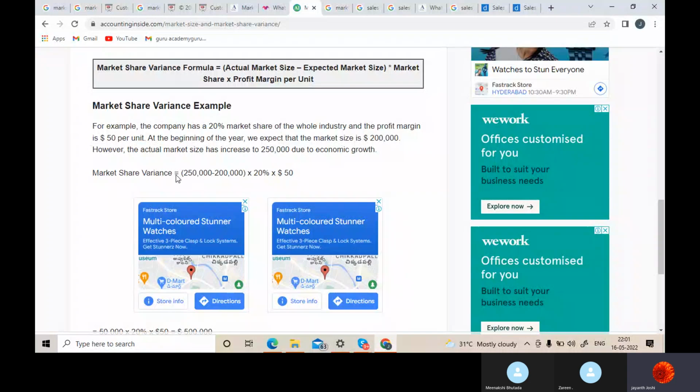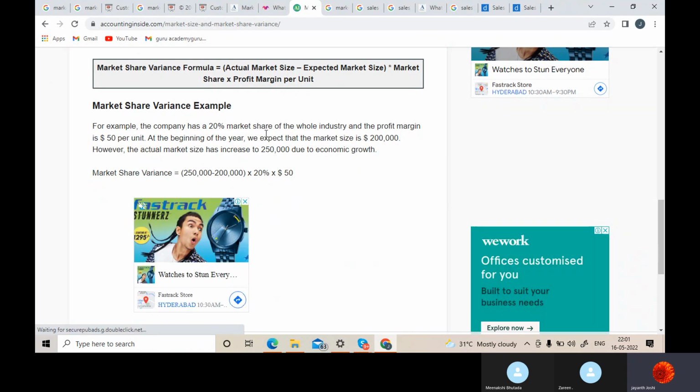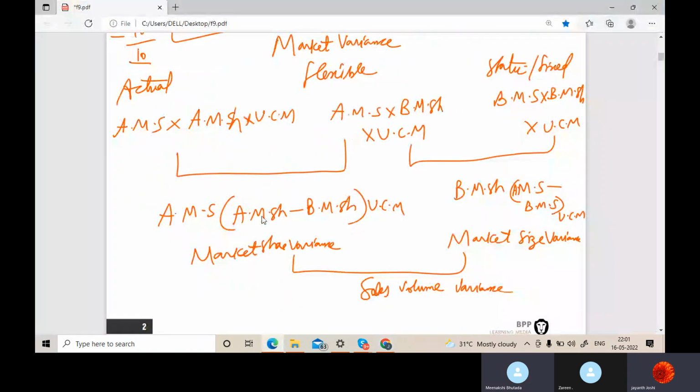How come it is share variance? See, what is the size given? Actual market size, 2,50,000. And they are using that as a share variance here. That is absolutely wrong. Market share variance is nothing but the difference between the shares, actual market share and budgeted market share. Am I right?